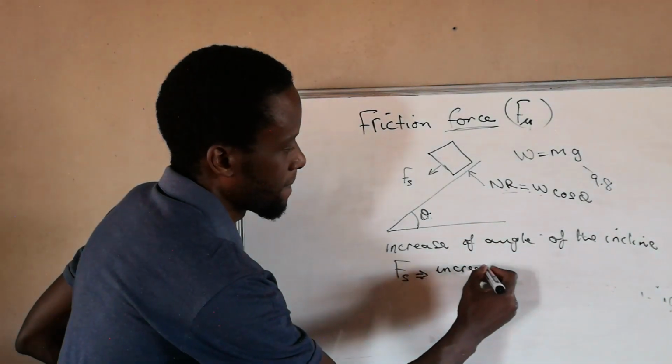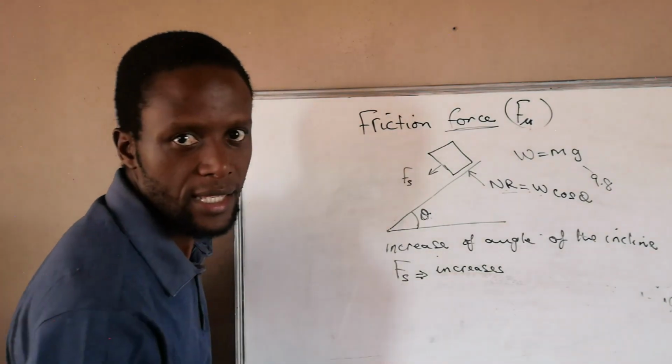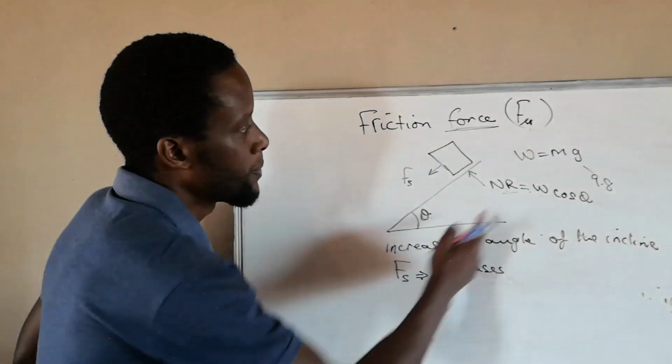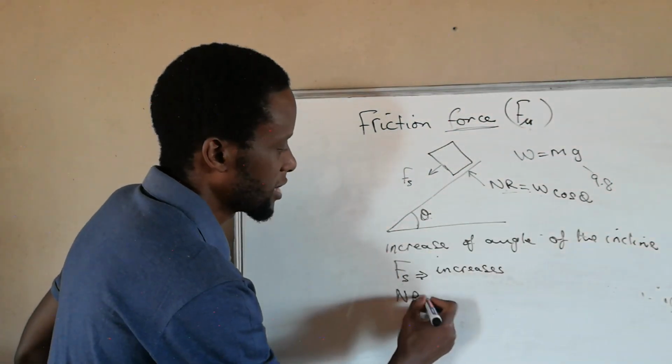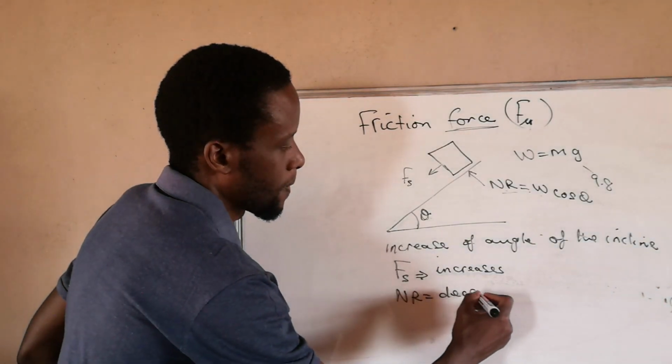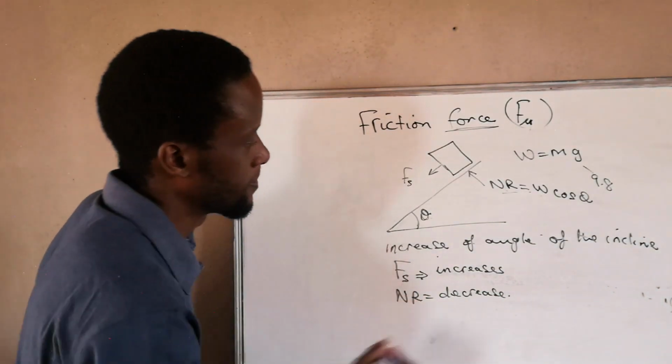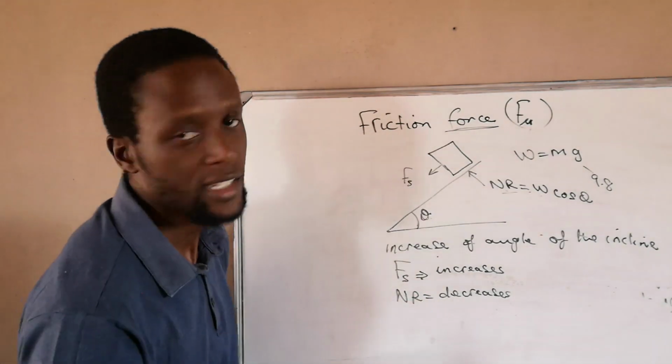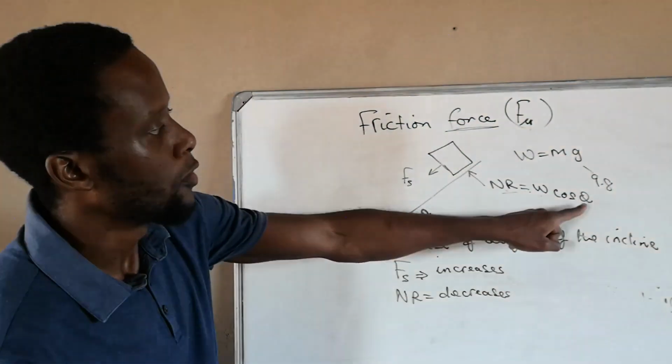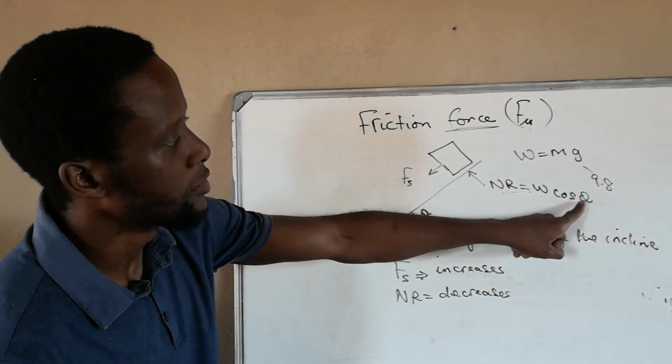Increases. And then if sliding force increases, what happens to the normal reaction? The normal reaction decreases. Okay, that is what is happening. The normal reaction decreases because of that angle of incline.